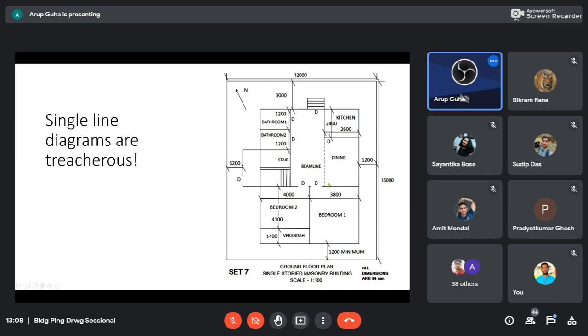Okay. This is particularly set 7, but probably I have made you understand that there is a different actually problem here while you are having a single line diagram and converting into a double line diagram. Actually, this clearance, the demand for this clearance will change. So you will have your wishes carved.